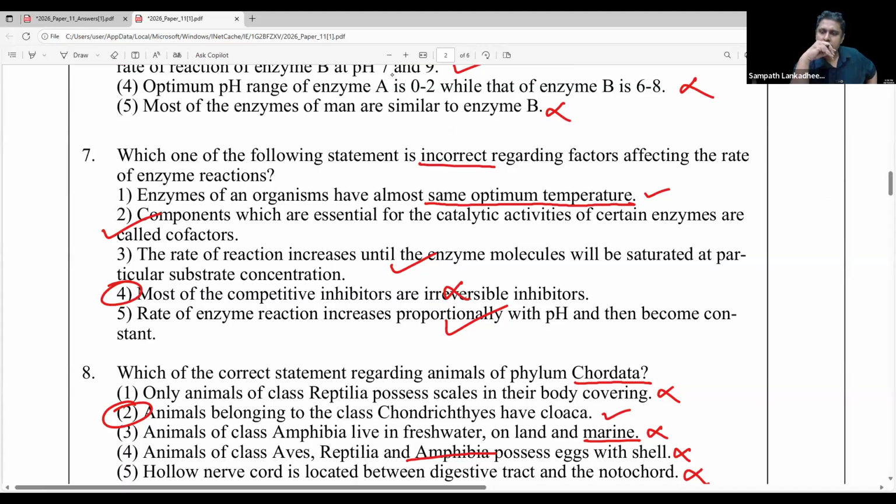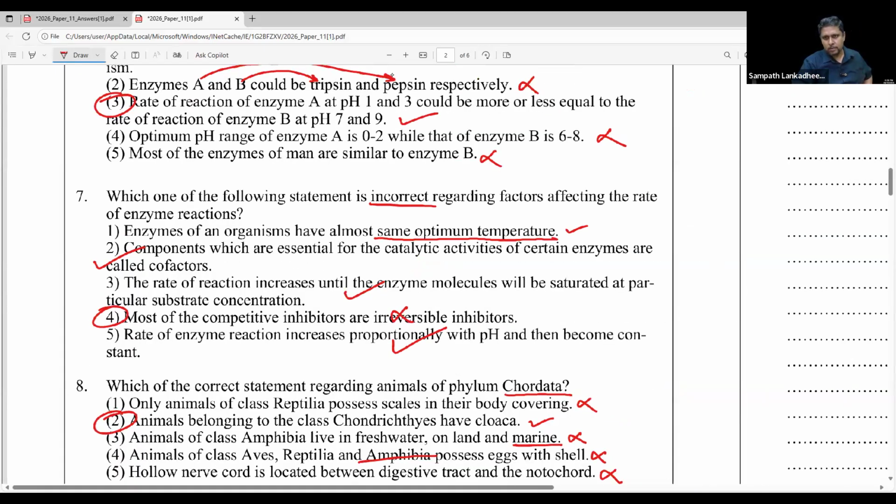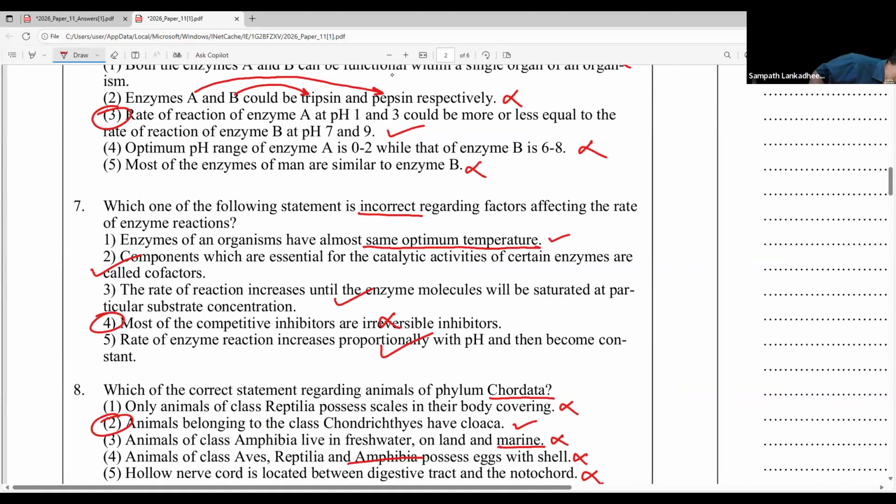Rate of enzyme reaction increases proportionately with pH. That is not wrong, because this is for substrate. Rate of the enzyme reaction increases proportionately with the pH and then becomes constant. So I think I'm wrong here. But the fourth one, I think the fourth one is also wrong.